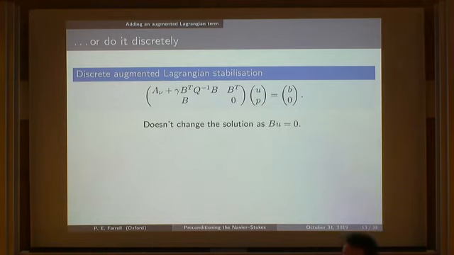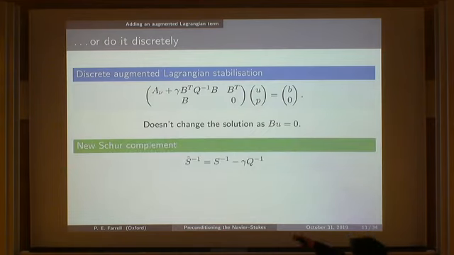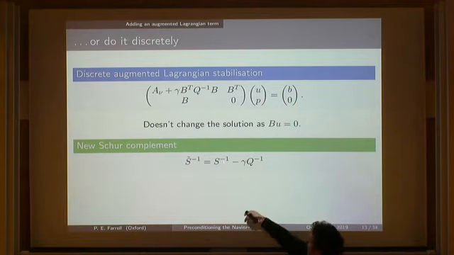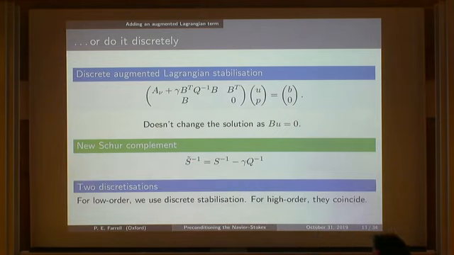So it doesn't change the solution one bit. But you can work out, and this is an exact equality, by applying the Sherman-Morrison formula, that the Schur complement of this new system is equal to the Schur complement of the old system minus gamma Q inverse. So as I send gamma very large, I can approximate this guy with this guy and forget about this term.